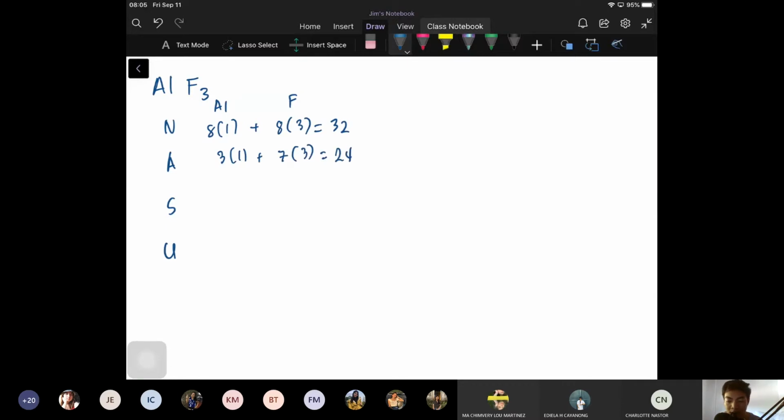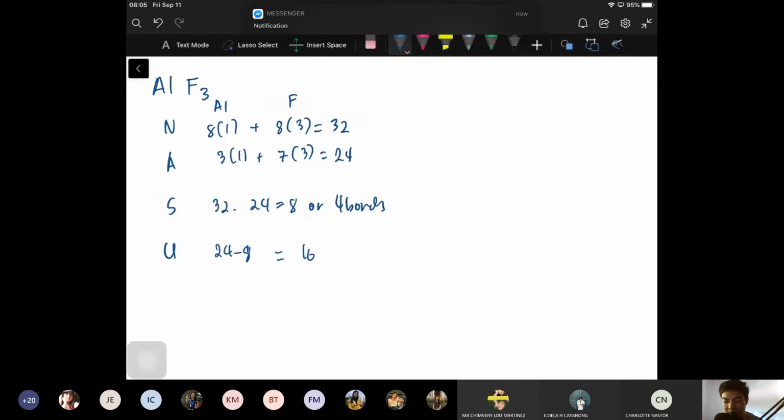Then 32 minus 24 is 8. Ang unshared natin, di siya negative. Pero sige, 24 minus 8, 16 or 8 lone pairs. So mukhang okay naman, di ba?